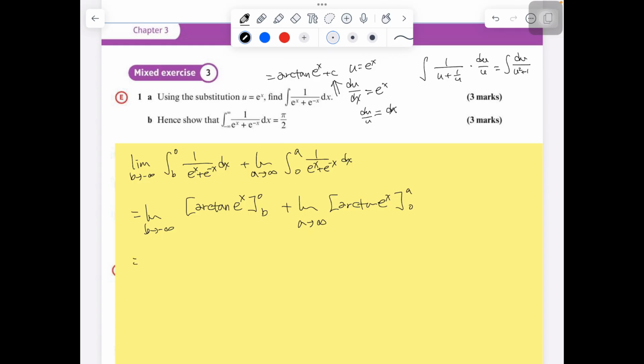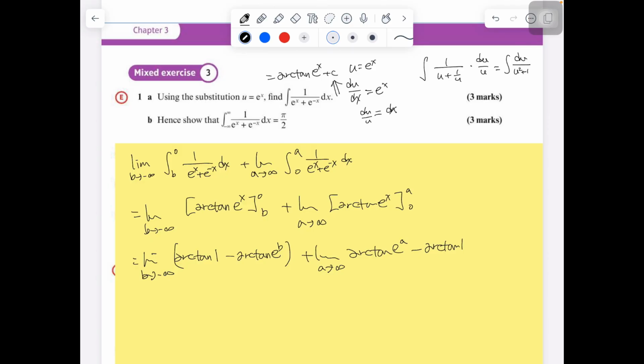So limit b to negative infinity, arctan 1 minus arctan e to the power of b, plus limit a goes to infinity, arctan e to the power of a minus arctan 1.